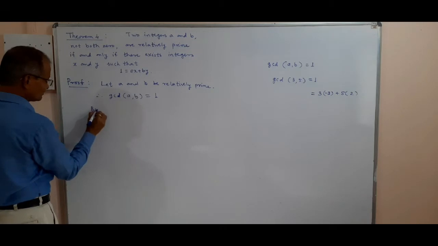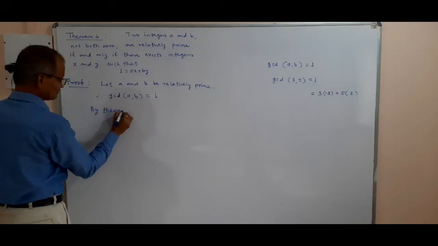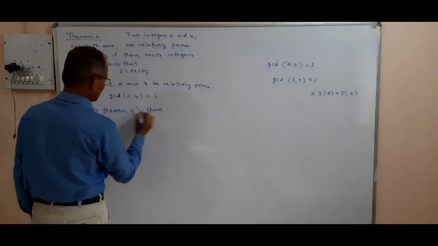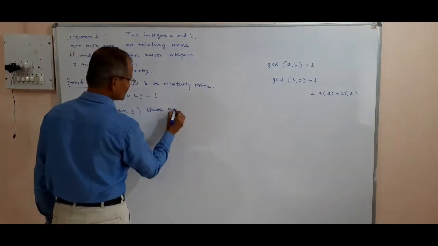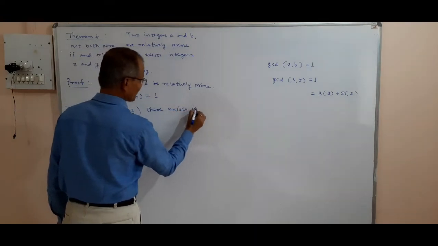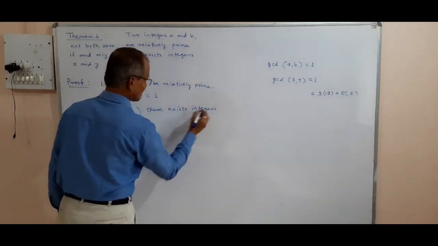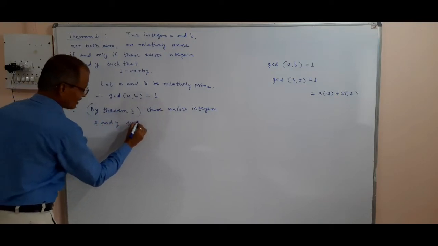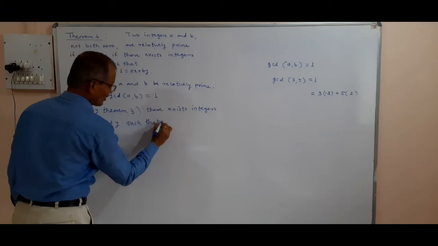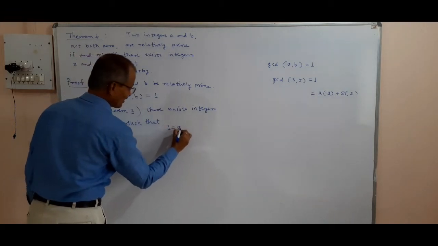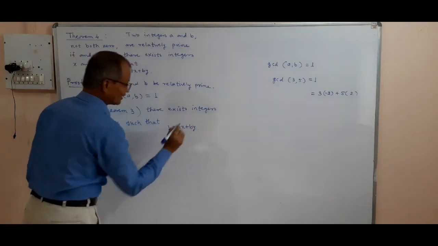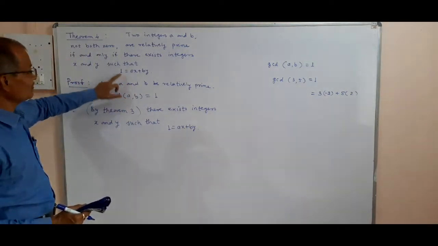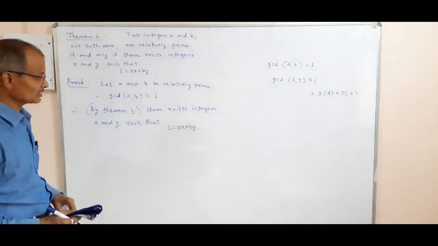So by theorem 3, there exist integers x and y such that 1 is equal to ax plus by, and this proves the first part. If the integers are relatively prime, then we can express 1 is equal to ax plus by.